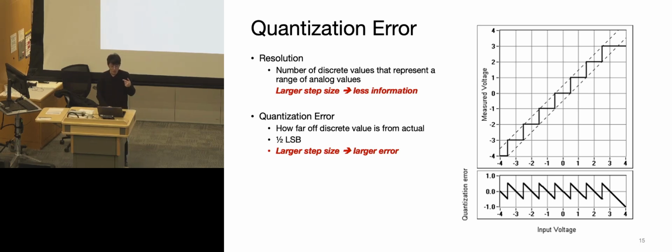With more bits added, you have higher resolution and that error is going to be smaller. The quantization error is essentially plus or minus half of the least significant bit, the step you're taking. Also, fewer bits means larger step sizes, which leads to larger error.